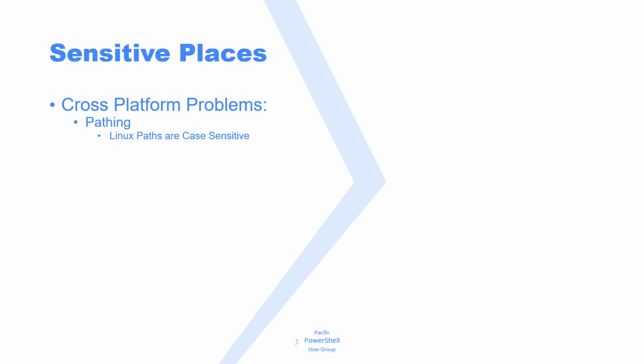PowerShell will hide that for you because you can just hit tab and it fixes it for you. However, I have seen where case trips you up. Someone made a typo and created two different directories of the exact same name in different case in Linux, so it was in the wrong directory. We're going to take a look at that.